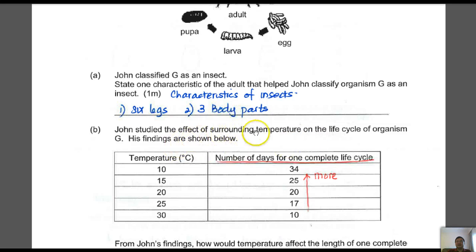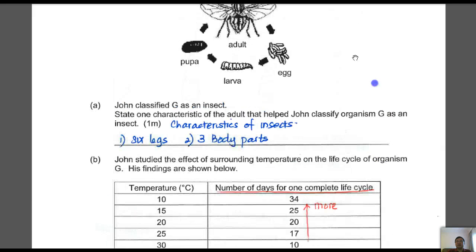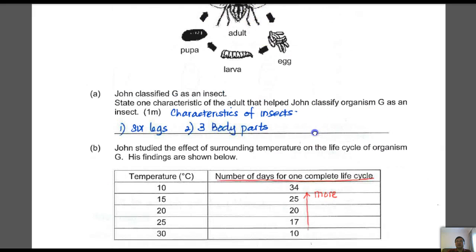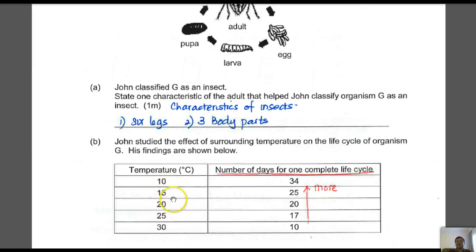Now he studied the surrounding temperature of the life cycle of organism G, and he found out that at a certain temperature, if this insect lives in the temperature of 10 degrees, it takes 34 days to go from egg through the larva stage, pupa stage, and adult stage.